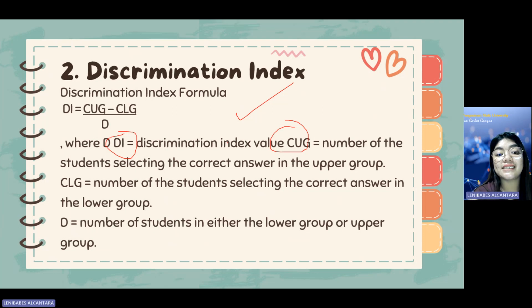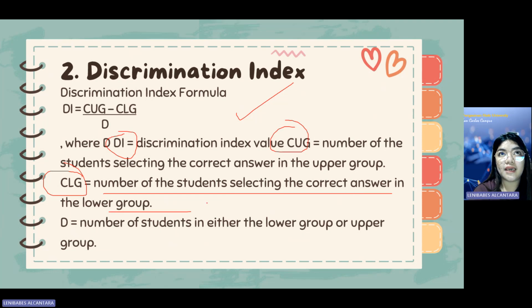Okay? Kaya siya, CUG is those students who are in the upper group who got the correct answer. Of course, in opposite, CLG naman, ito yung mga estudyante na nakakuha ng tamang sagot from the lower group. Now, number of the students selecting the correct answer in the lower group.